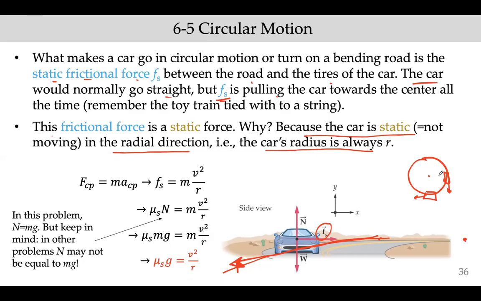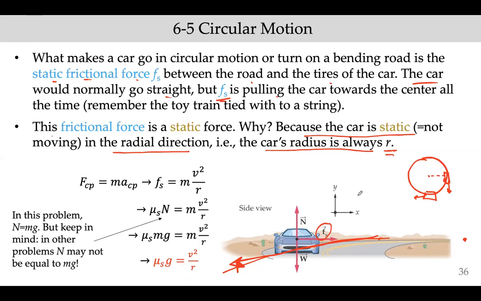The radius of the car is not changing. So the car moves forward, but the car is not moving sideways. So that's why, in sideways motion, we will think about it as static. In the r coordinate, in the radius, the car is static. That's why we are using static frictional force.